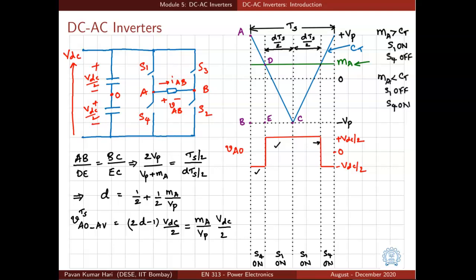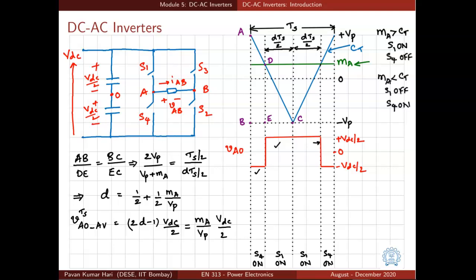So our condition fails. S4 becomes on and S1 becomes off. So when S4 is on, VAO is minus VDC by 2. So by comparing two signals Ma and Ct, we can generate a pulse as shown here in red color.